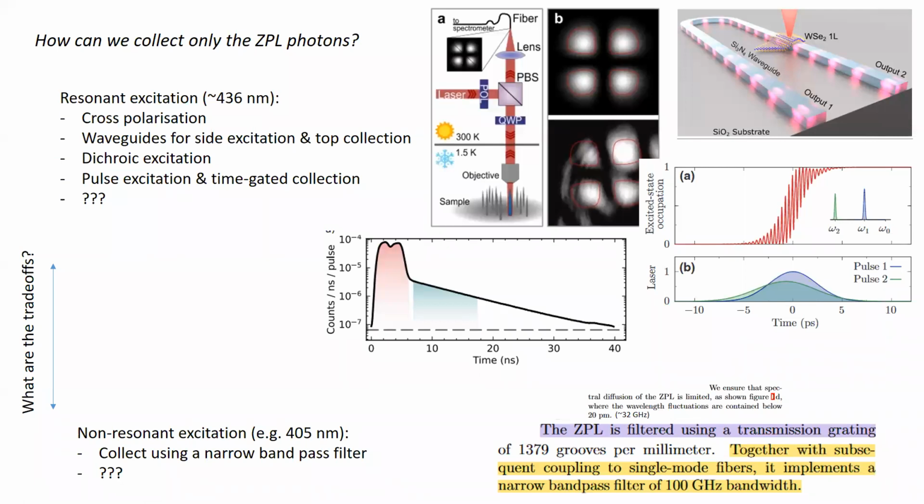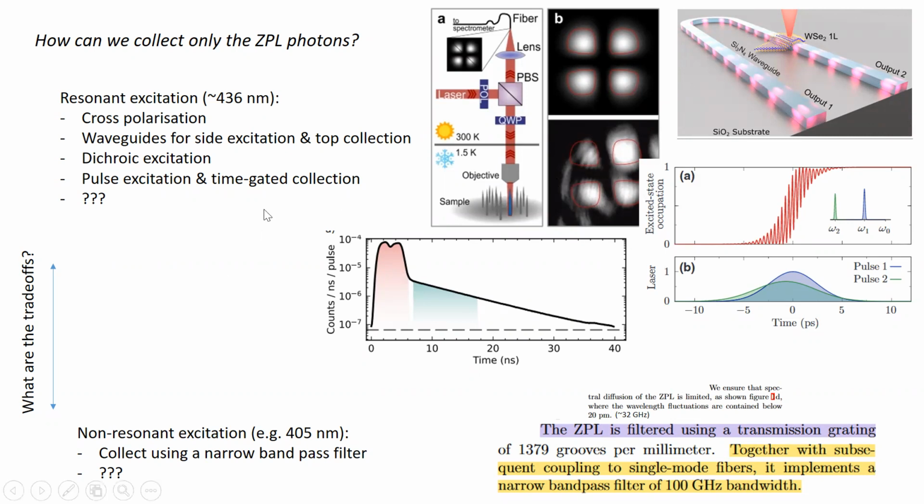Side collection is the one that they use in quantum dots, that you can effectively get rid of most of the laser, but in all of them you have a bit of laser. Okay, so Moran would vote for side collection, but in all of these, there's always some non-zero. Yeah, side collection, top excitation, or vice versa is always the best.